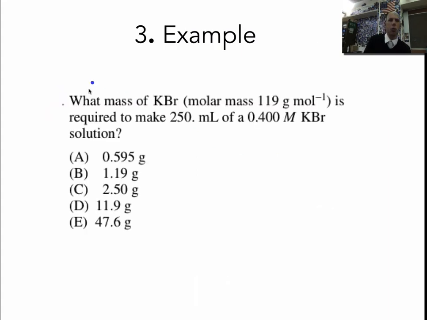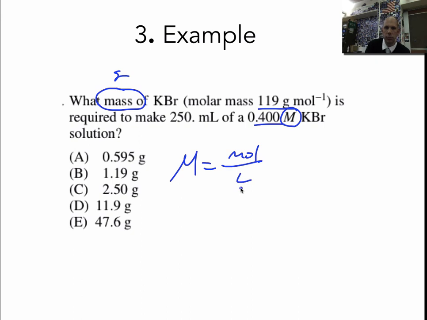Okay, here they say, what mass? And when they say mass, they mean grams of KBr, and they went ahead and gave you the molar mass, is required to make a 250 milliliter solution with a molarity of 0.4. So we saw this big M. That means we're going to write the molarity equation. They're asking for mass, so we know that that's going to come from moles.